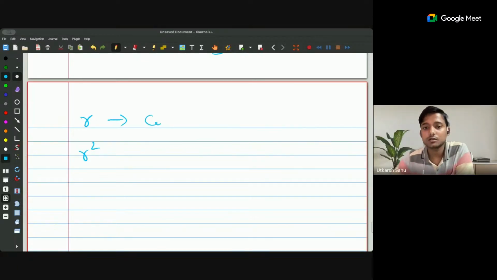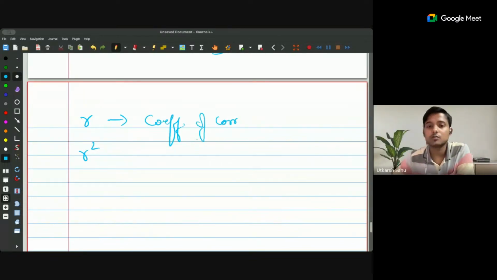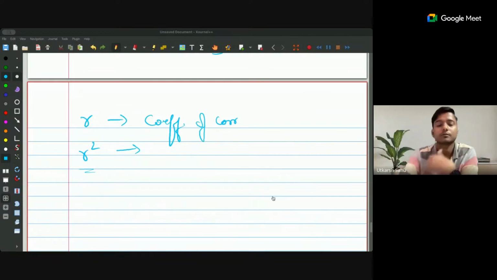We call r the coefficient of correlation, or correlation coefficient. What is the name for r square? Does anyone know? Anyone? What is the name of r square? No, not RMSE.